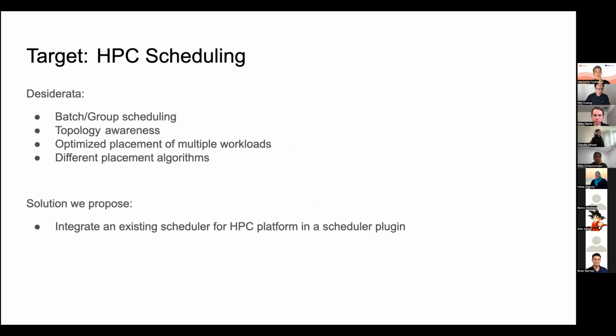The community would also, I guess, agree that the desired features when we target HPC applications are batch or group scheduling, possibly enabling topology awareness in the scheduling feature, and also optimized placement for different workloads within one cluster.